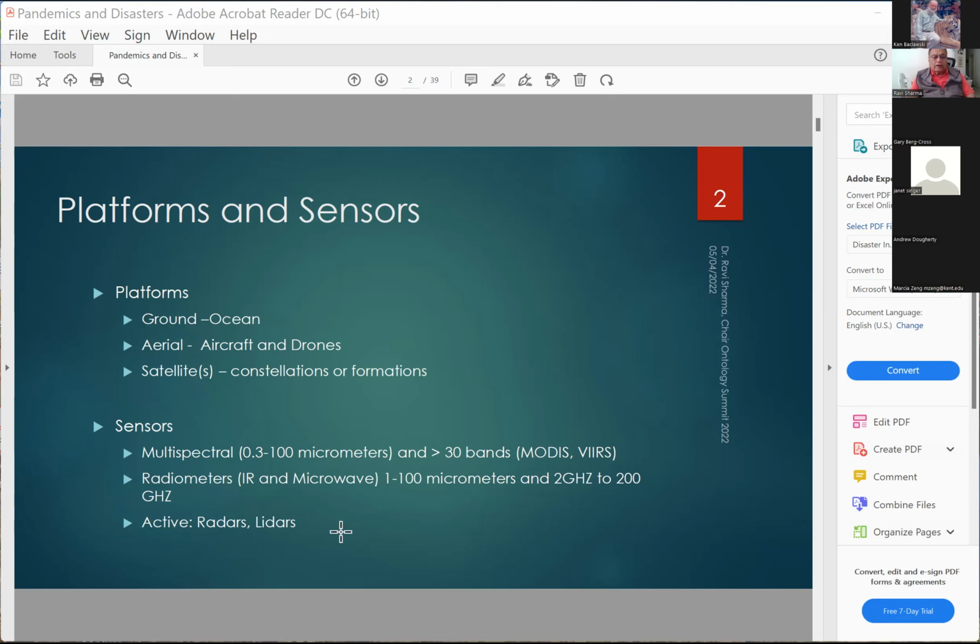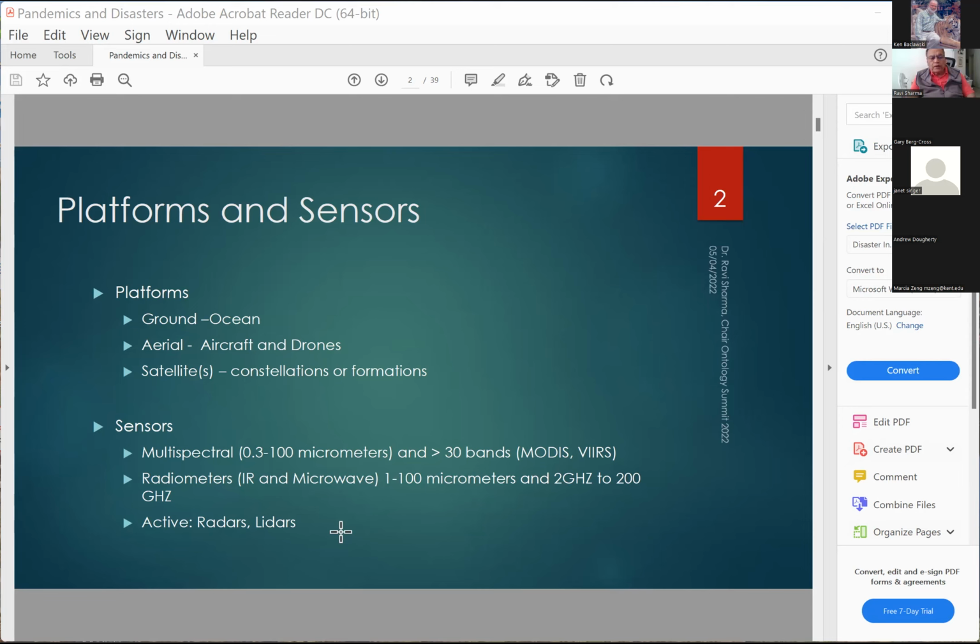Then there are active sensors like radars and laser radars, so laser reflectors. They bounce off the surface. They go up to some depths, depending on the wavelengths and the intensity. And these are illustrated here.